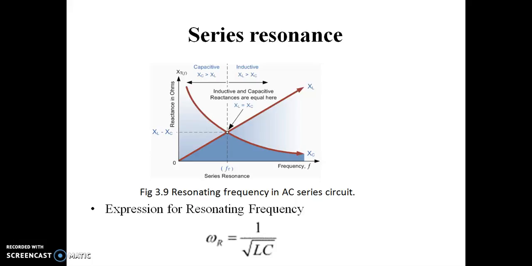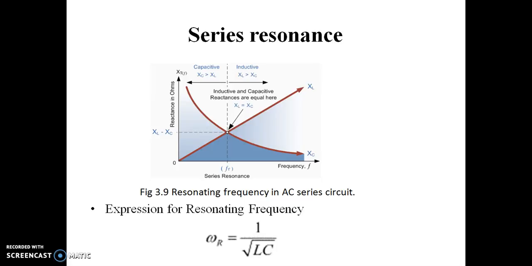At 0 Hz, that is as frequency equals 0, capacitive reactance was infinite as can be observed from the figure, and inductive reactance was 0, which can be observed from the figure as well. When the frequency is increased, capacitive reactance decreases and inductive reactance increases. So there comes a point at which both inductive reactance and capacitive reactance are equal, which is shown in the figure, XL equal to XC.